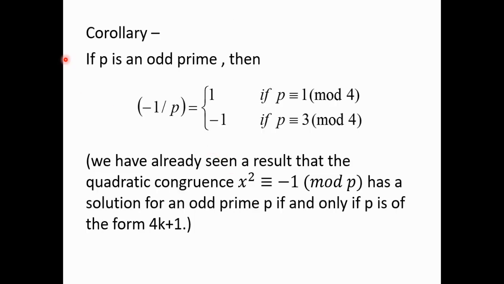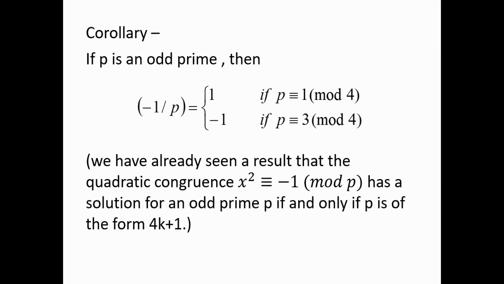This is the corollary. If p is an odd prime, then the Legendre symbol (-1/p) will have value 1 if p is congruent to 1 modulo 4, and this has value minus 1 if p is congruent to 3 modulo 4. We know that prime numbers are of the form either 4k plus 1 or 4k plus 3, two forms.